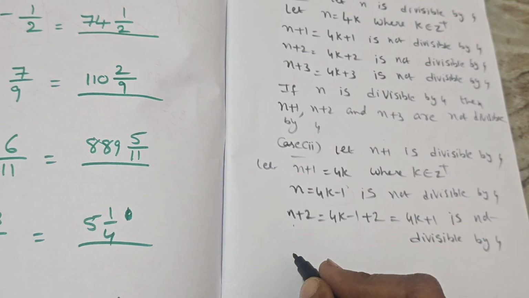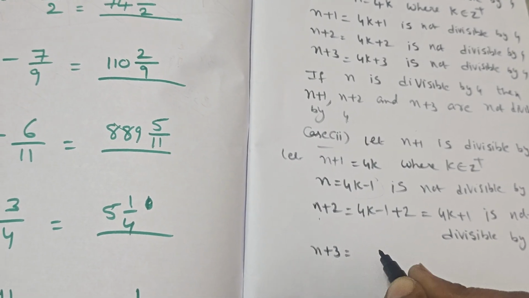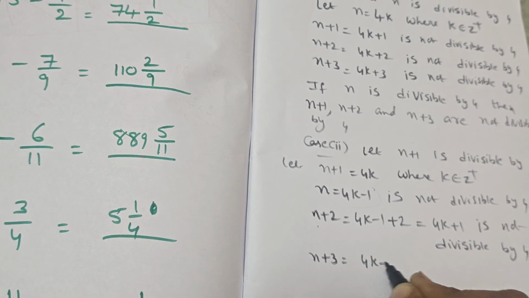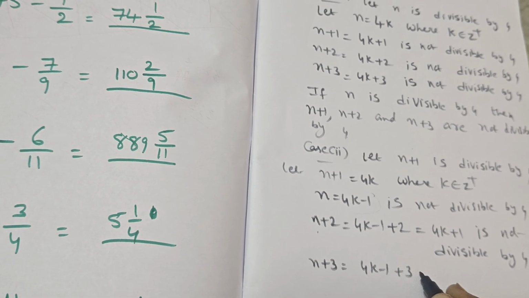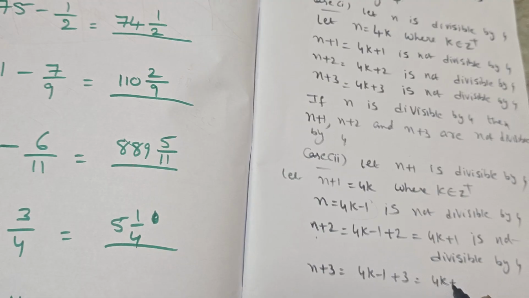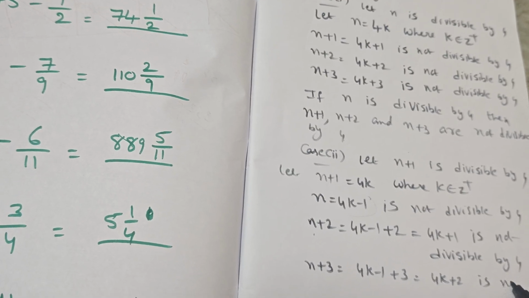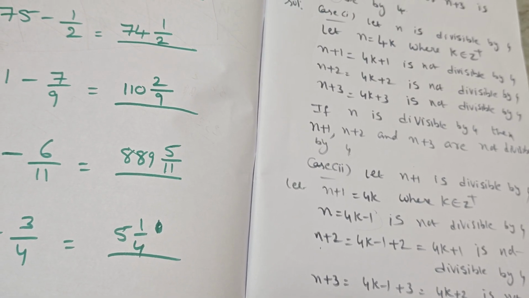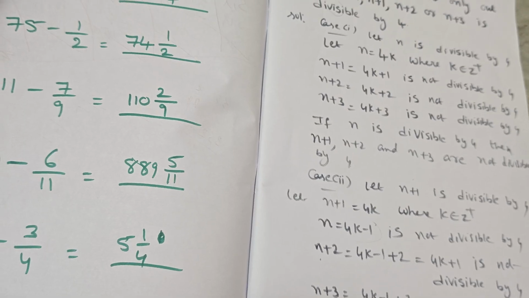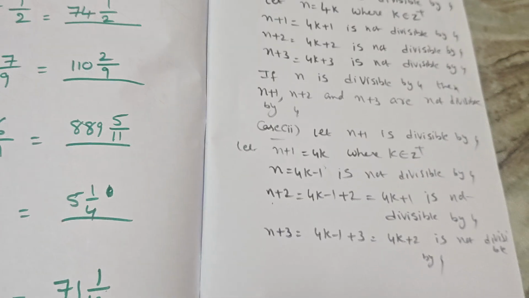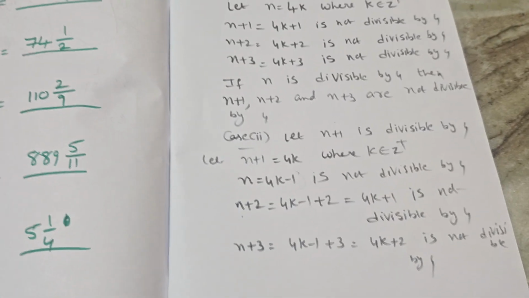Next we go for n plus 3. What is n? Already you know, 4k minus 1 plus 3. How much? 4k plus 2 is not divisible by 4. So what do you understand from case 2?